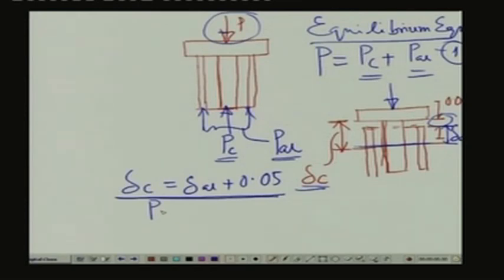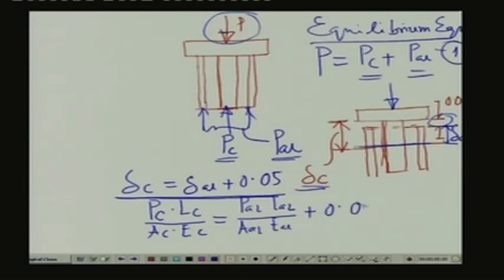Let us call P_C the force acting in the copper rod, times the length of the copper tube L_C divided by area A_C times E_C. This is equal to P in the aluminum times L of aluminum by A of aluminum times E of aluminum plus 0.05.